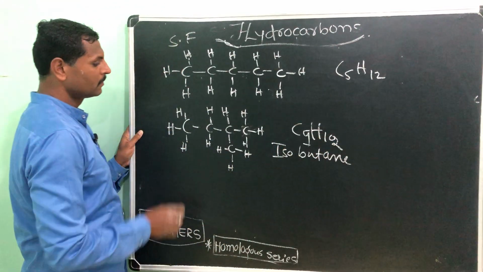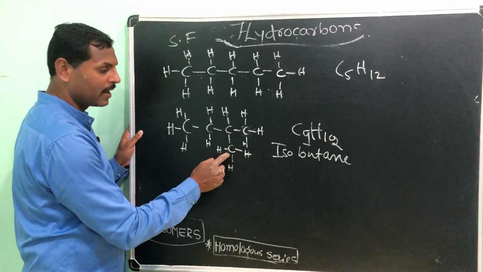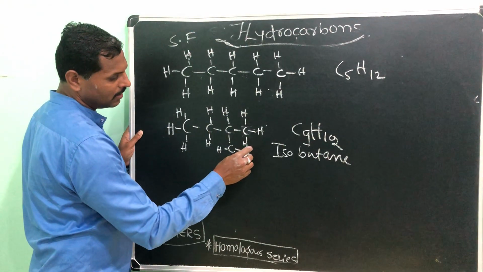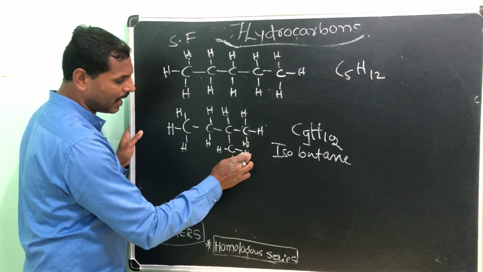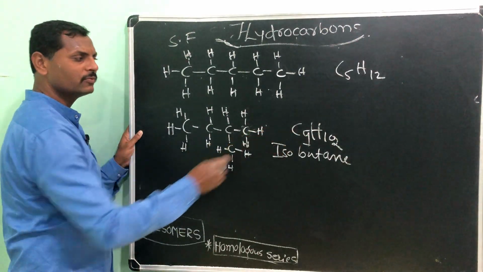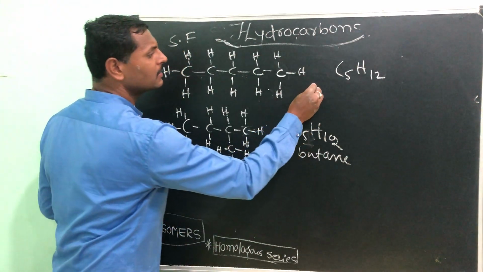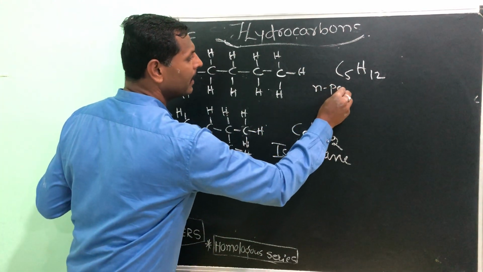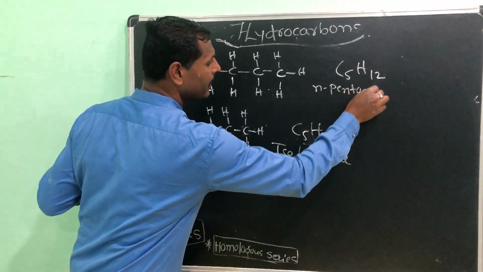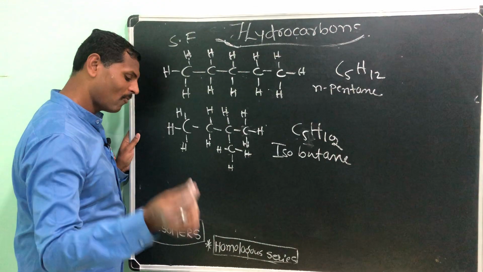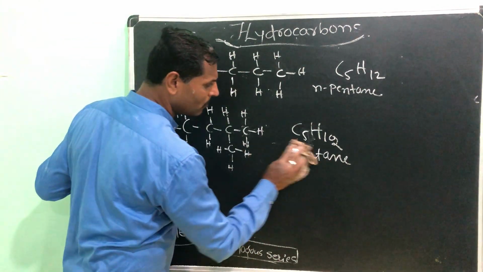C5H12: 1, 2, 3, 4, 5, and 1, 2, 3, 4, 5, 6, 7, 8, 9, 10, 11, 12. We are right. This is 5. Then it is n-pentane. This one you can call isopentane. One more name we can give.